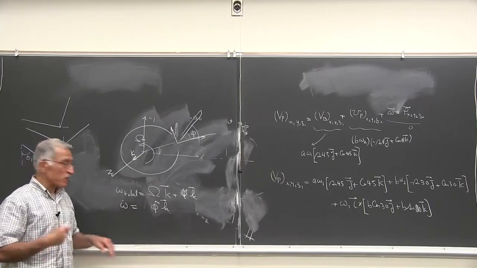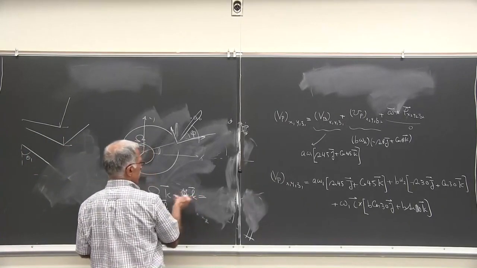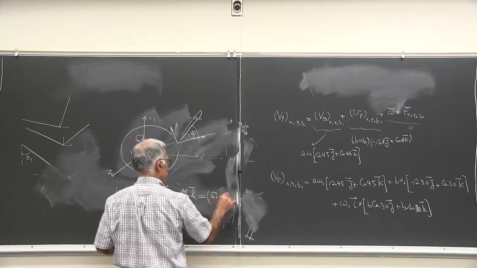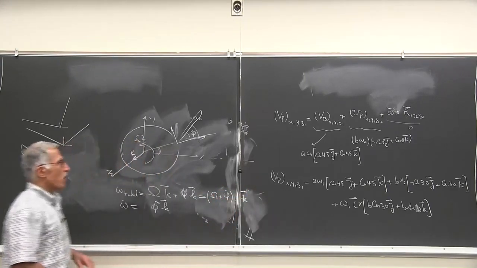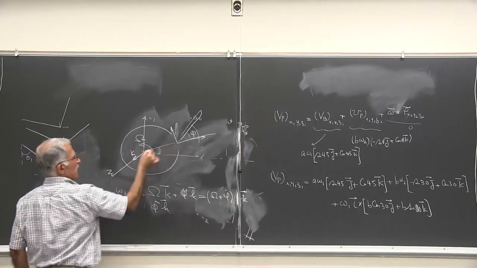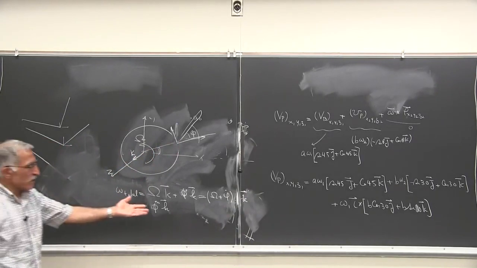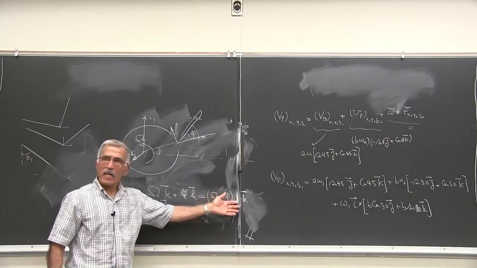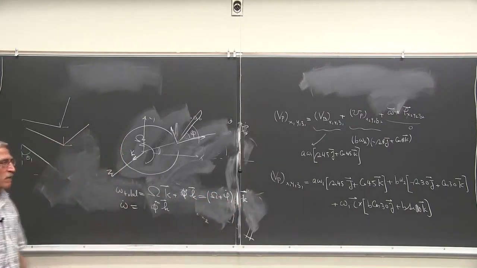Now, if you say with respect to the ground, this capital K and this small k are always in the same direction, so that's omega plus phi dot k. If you do the acceleration, again you see that it's only phi double dot k, since k never changes.